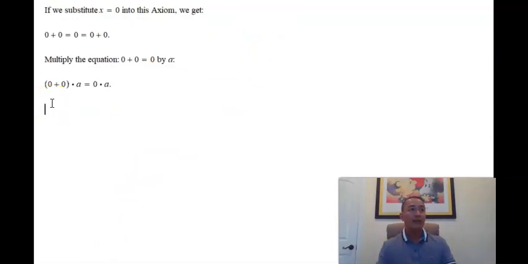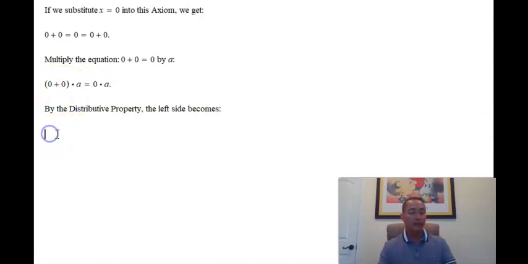This is good because now we can apply the distributive property on the left side to change 0 plus 0 times a into 0 times a plus 0 times a. By the distributive property, the left side becomes 0 times a plus 0 times a.